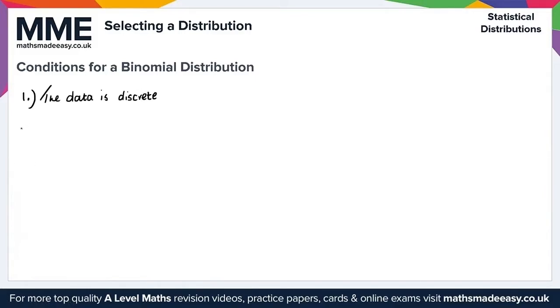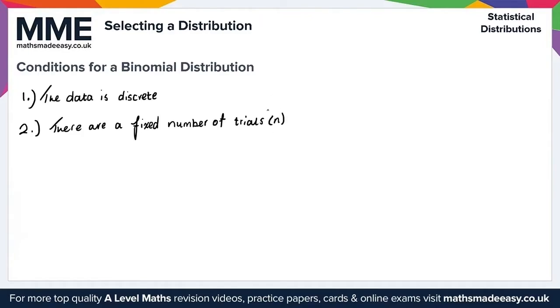The next condition here is that there's a fixed number of trials, which in the case of a binomial distribution we denote as n, and we only have two possible outcomes, success or failure. So there's a fixed number of trials here, and again, in a binomial distribution, we often just denote this as n.